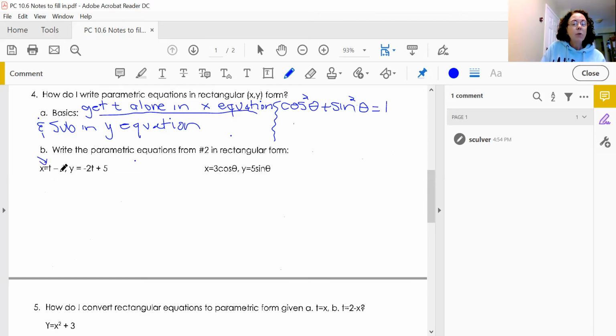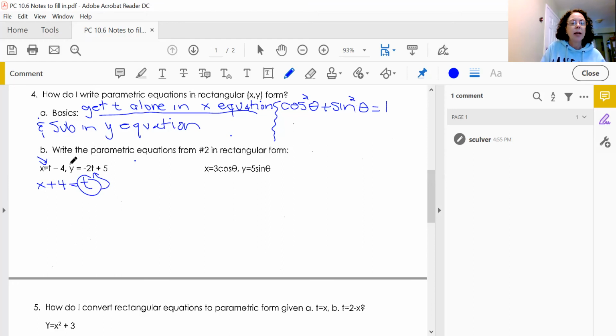Let's get the T alone by adding a 4 to both sides, right? So my X plus 4 equals T. Okay, now what I'm going to do, because we're trying to write a rectangular equation where Y equals something, is take our expression for T and put it right in for T in the Y equation.